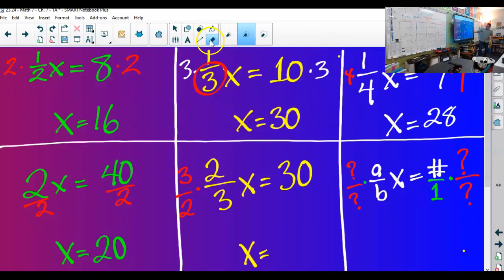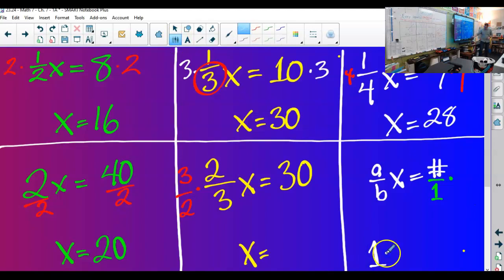So over here, and this is what would be really good to write down on your paper, if you had A over B times X. A and B are numbers, right? A over B times X. What could we do to get back to just 1X? How do I deal with the A that's on top that is multiplying?